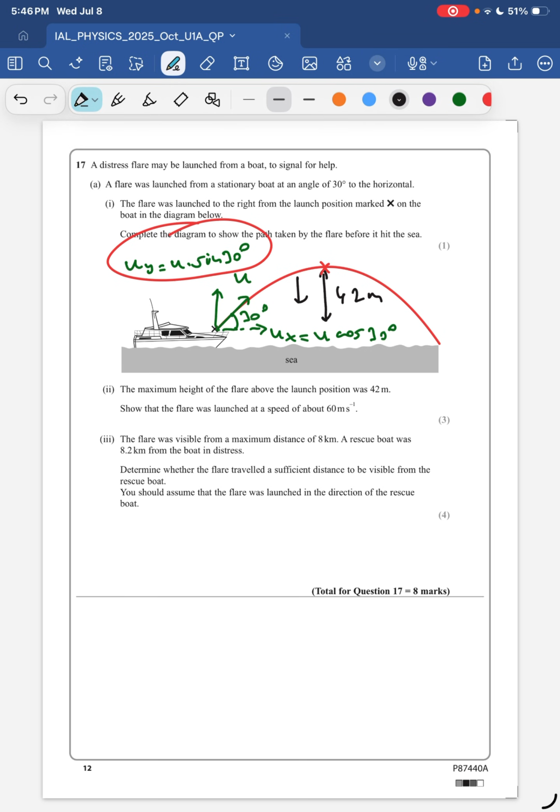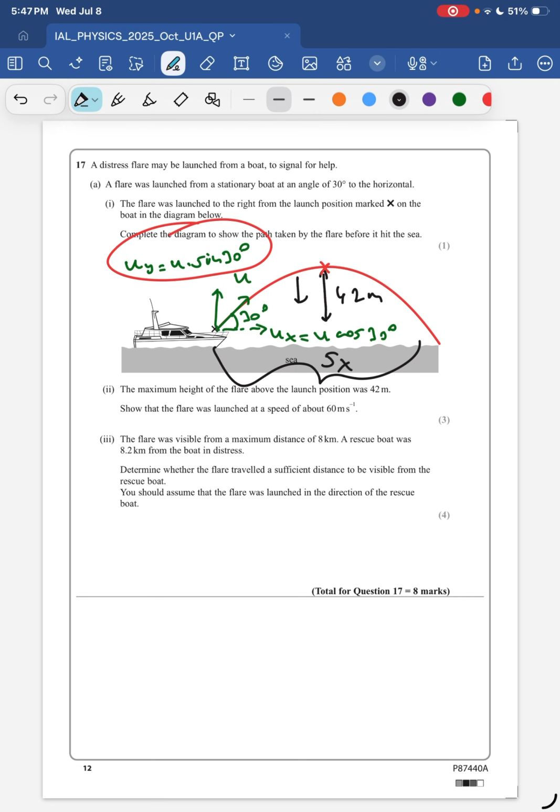Let's see. So in other words, you have to find the time of flight and use the time of flight to calculate the maximum distance covered in the x direction. I hope this makes sense. So you have to find this pretty much. So we have to find Sx.